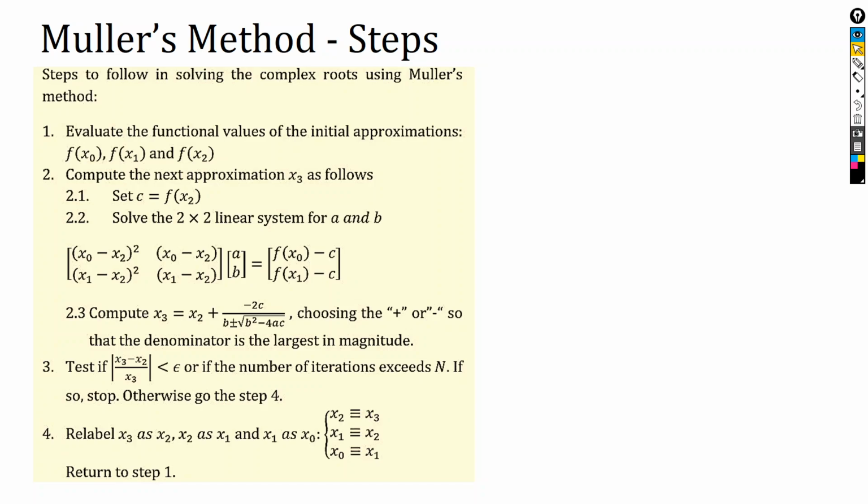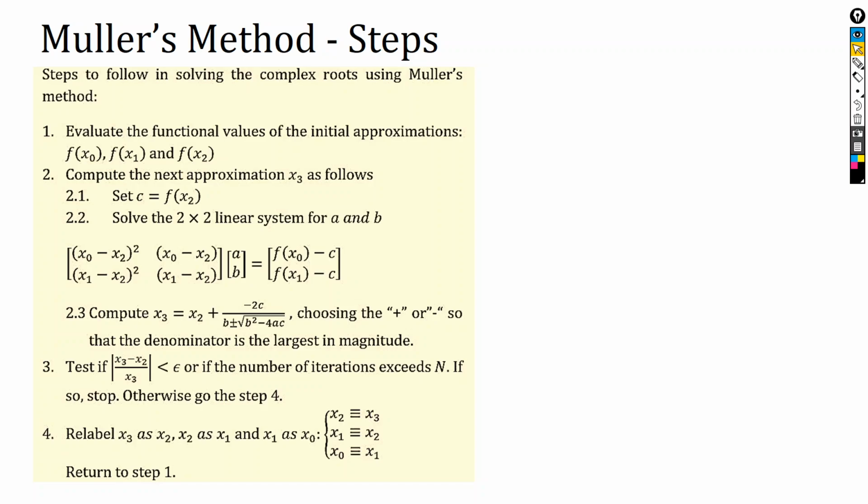Okay, these are the steps to follow in solving the complex roots using Muller's method. Number one is to evaluate the functional values of the initial approximations, such as f of x0, f of x1, and f of x2. Then second is to compute the next approximation x3 as follows. So 2.1, set c equal to the function of x2.